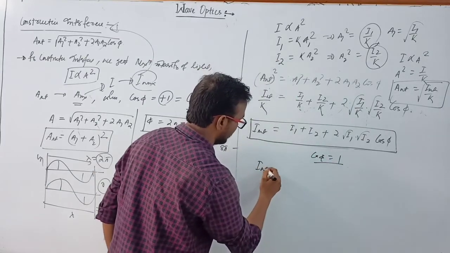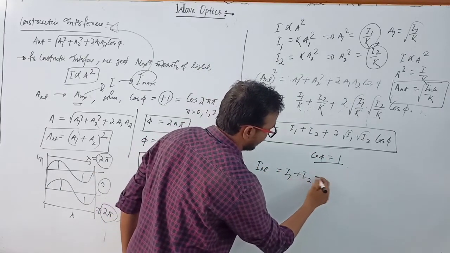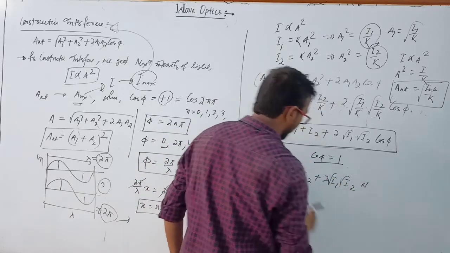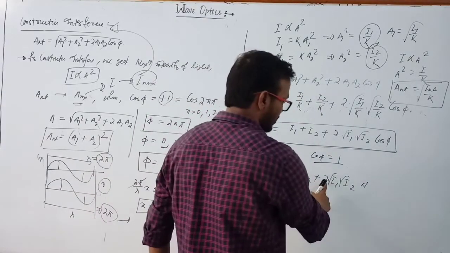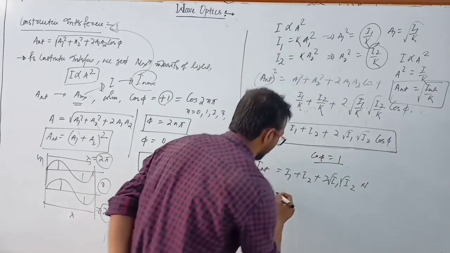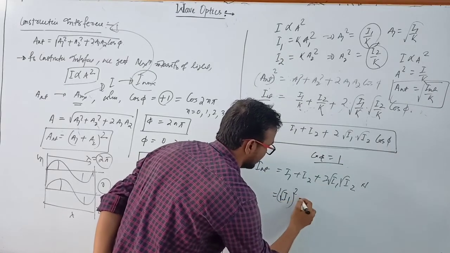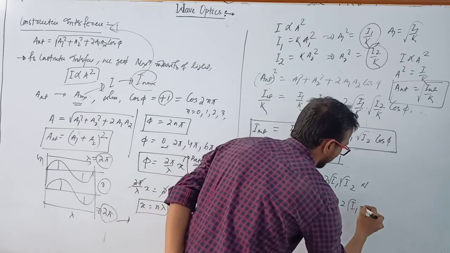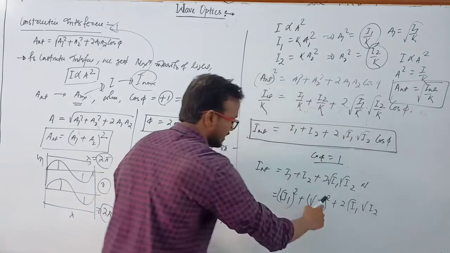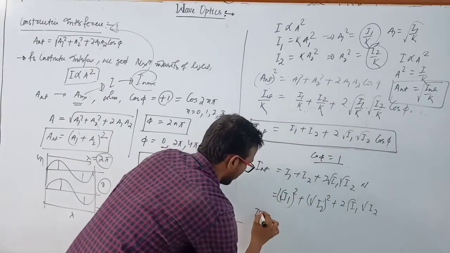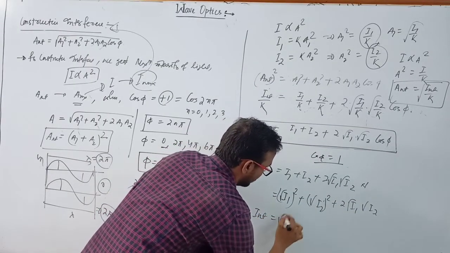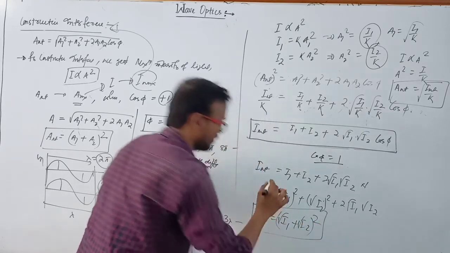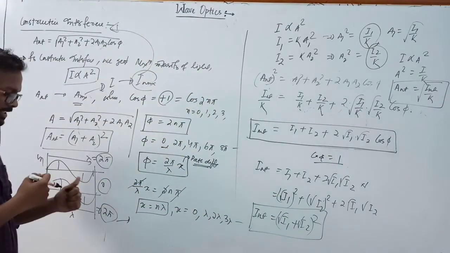If we use this relation, so I net equal to I1 plus I2 plus 2 root I1 I2, which is like A square plus B square plus 2AB, or we can write I net equal to root I1 plus root I2 whole square. Clear? This is maximum intensity for constructive interference.